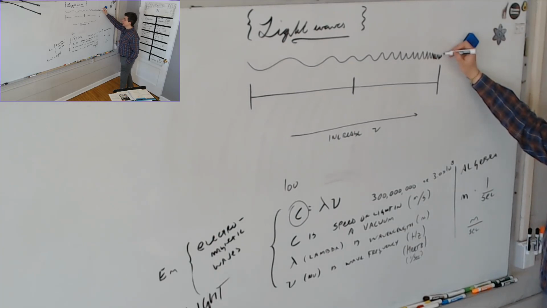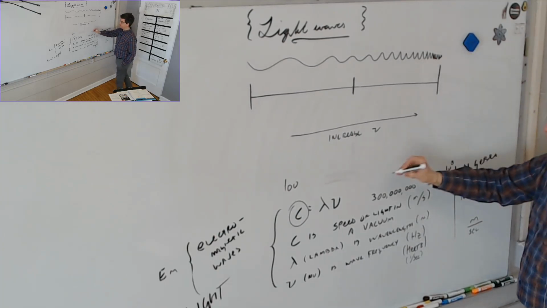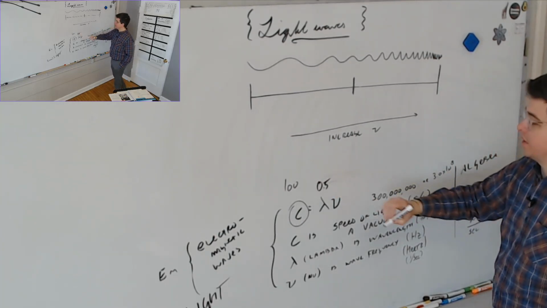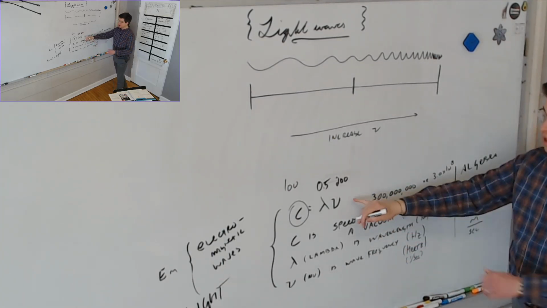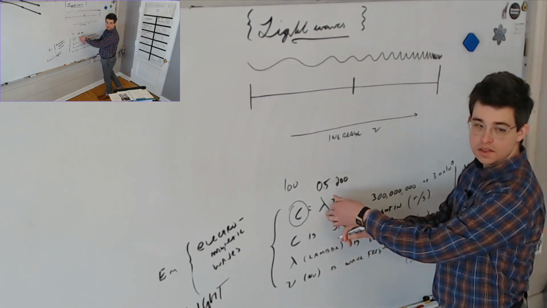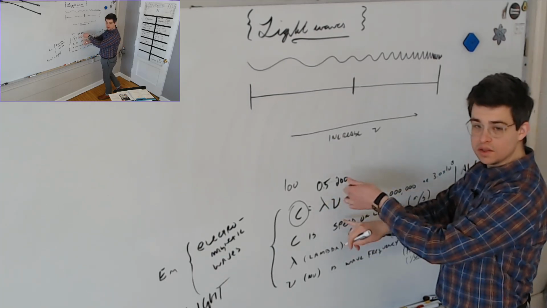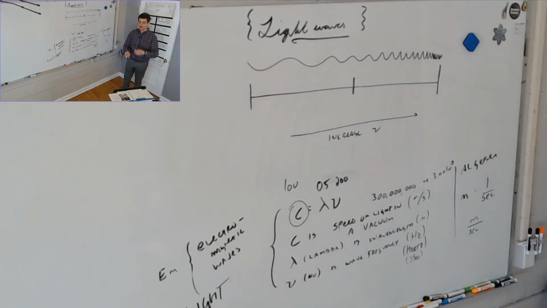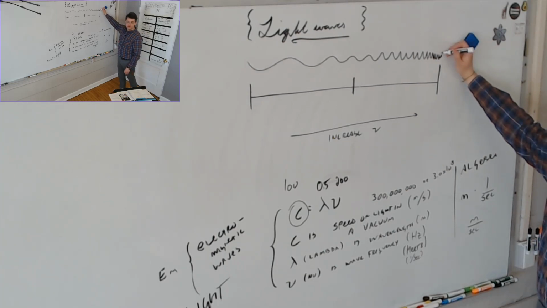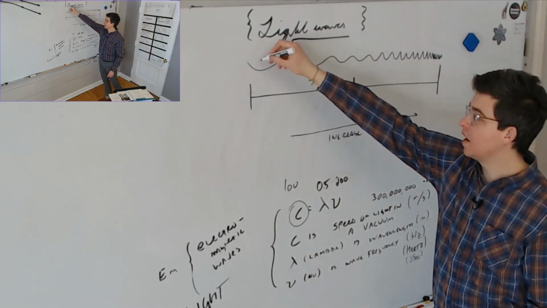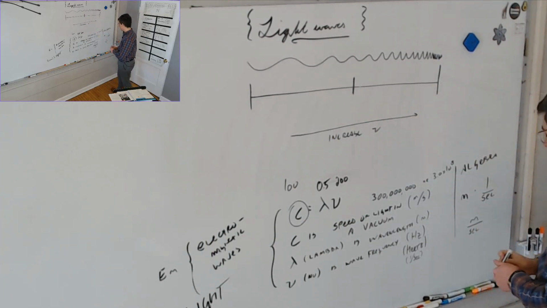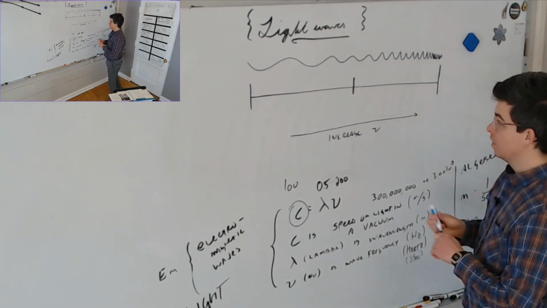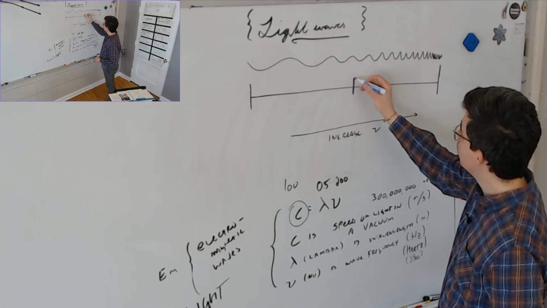What if I have a very, very low wavelength? Let's say my wavelength now is 0.5. What must my frequency be? 200. I must have a very high frequency. These two things are, like our CCC says, inversely proportional. As one goes up, the other goes down. So here with high frequency, we have low wavelength, and here with high wavelength, we have low frequency. Anyway, so here's purple, which has the highest frequency of all the visible light. Lower frequency than purple is blue.